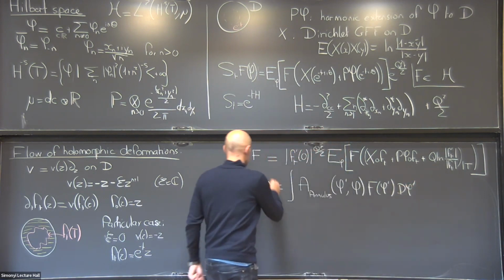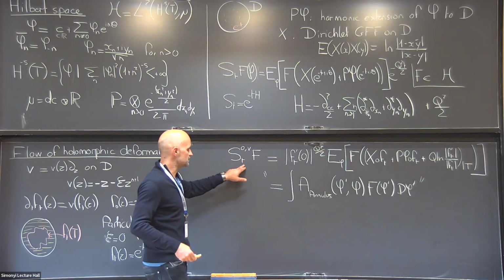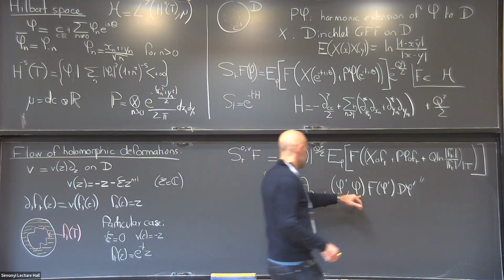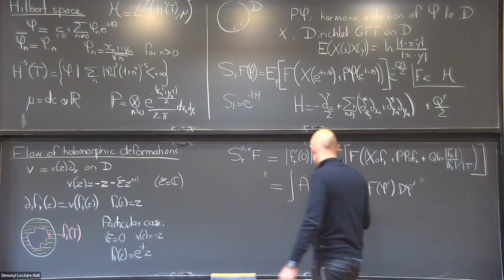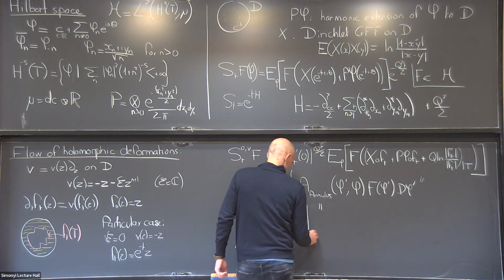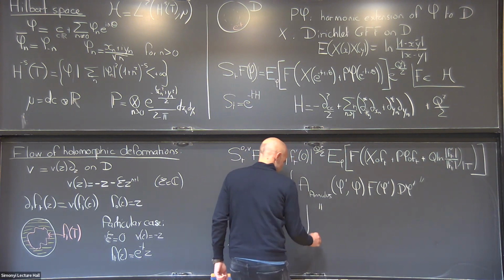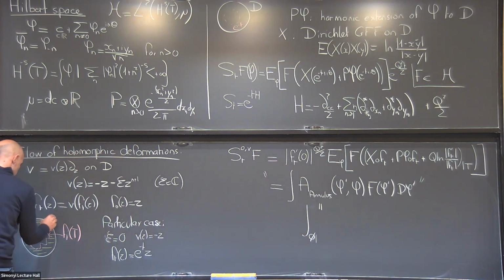Formally, you can write this STF this way. So this is the integral kernel of your operator, and if you look at this integral kernel, then this amplitude is the path integral over phi that you condition on the two curves. So you have one curve here, C prime here. Yeah, okay.